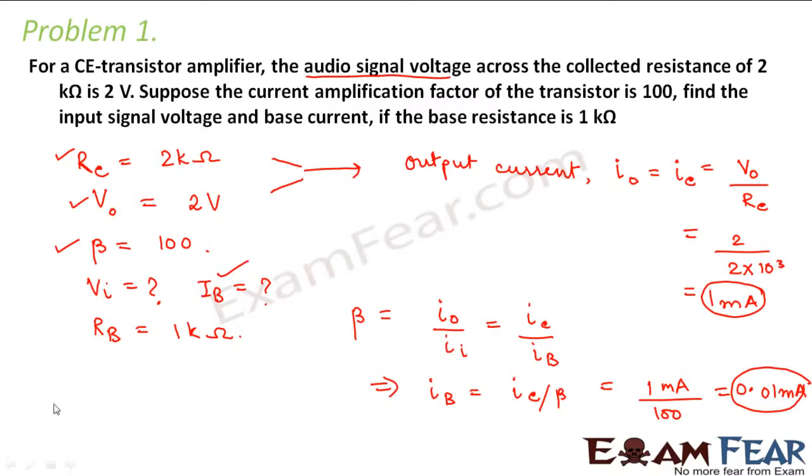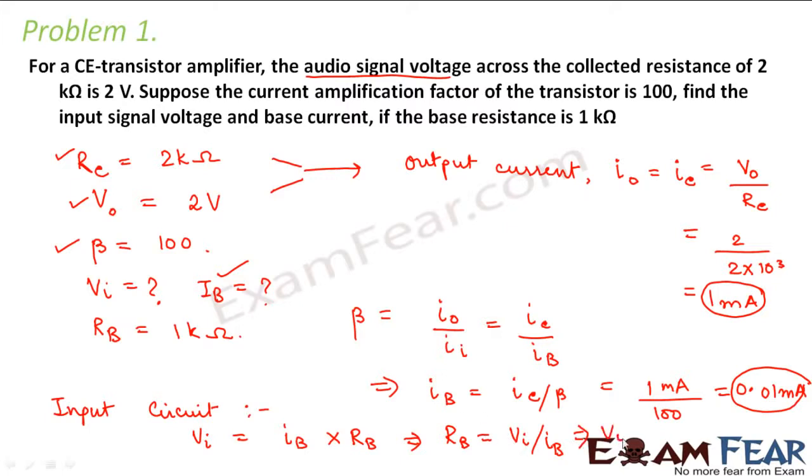We have to also calculate the input voltage. Now concentrate or focus on the input circuit. In the input circuit, the input voltage will be equal to the input current multiplied by the input resistance. I'm sorry, the input resistance was already given.